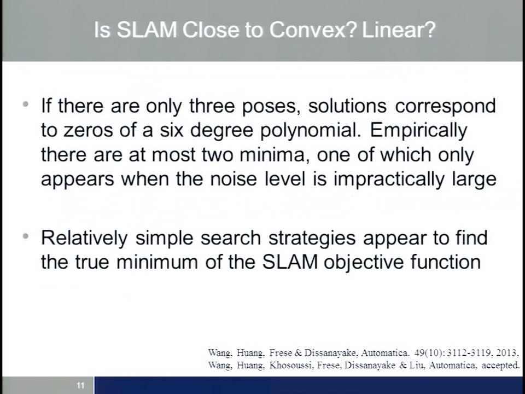Another surprise we had: we looked at a very simple SLAM problem with 2 poses or 3 poses, and we found that theoretically there are only 2 minima. When you try to solve this problem, there are only 2 minima, regardless of how many features you have. And one of them only appears when the noise level is very large. So it looks like there's only 1 minimum, which, for a nonlinear problem, is like a convex problem.